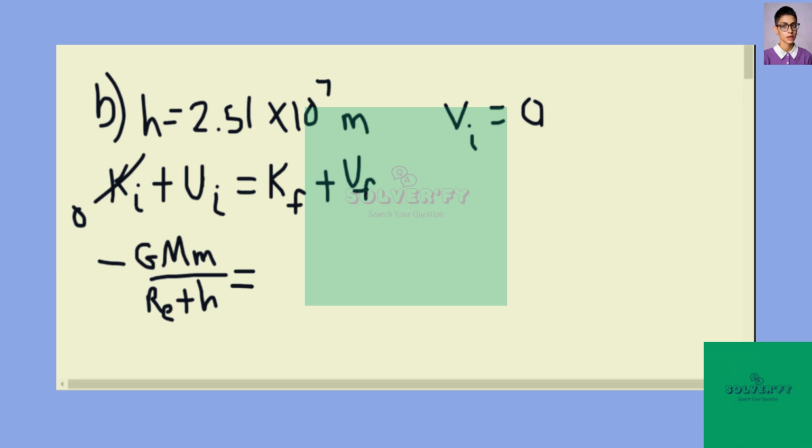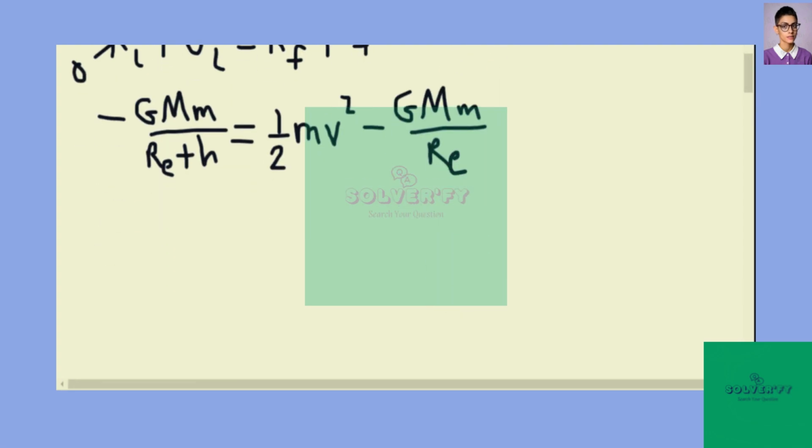Kinetic energy final is going to be 1/2 mv squared, where v is the speed of impact, minus GMm over R_E. Okay, so just adding GMm over R_E to both sides, I get GMm. Oh, wait a minute.